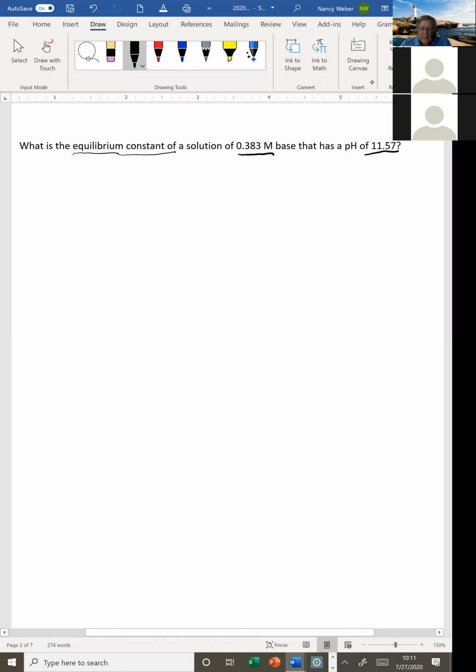And the fact that it's a base means the pH should be above 7. So a general equation for the base is going to be like this.